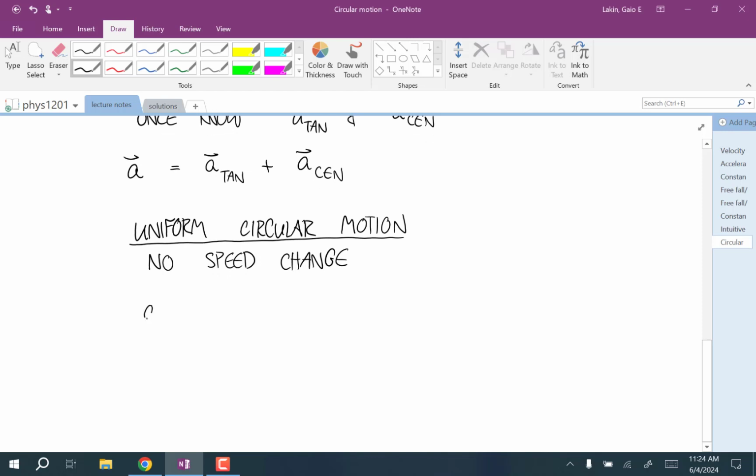And so the total acceleration for uniform circular motion, if that speed is constant as the thing goes around the circle, then this one is equal to 0, and the total acceleration is just the centripetal acceleration.